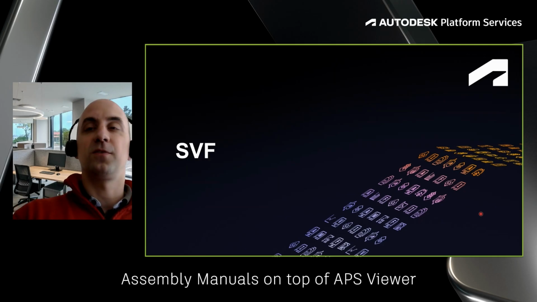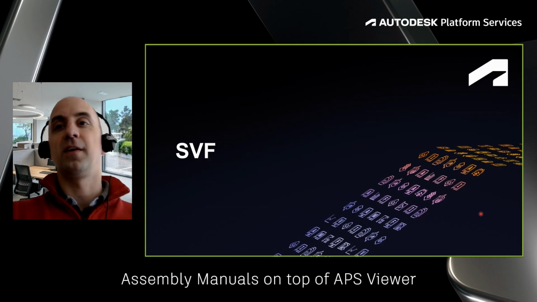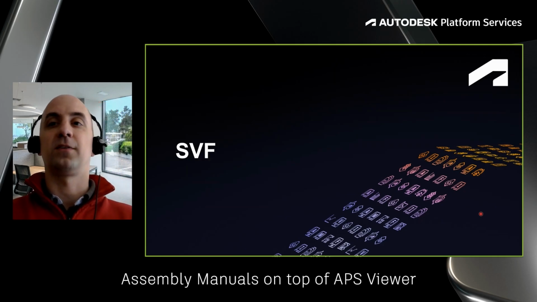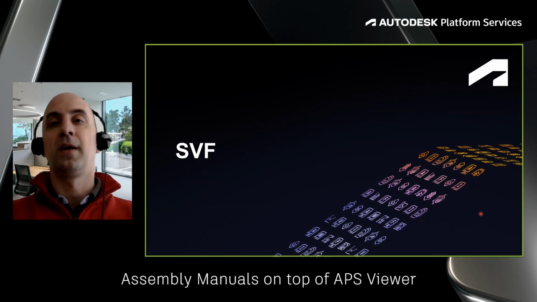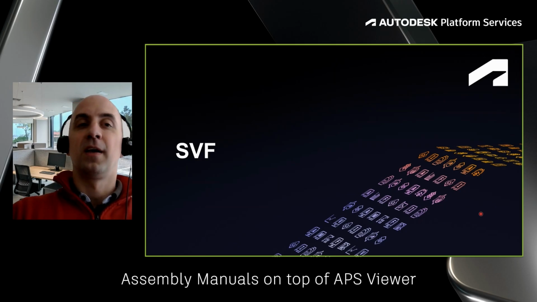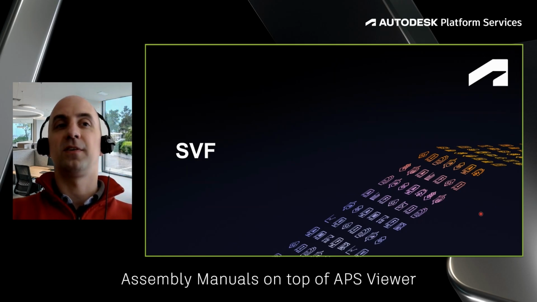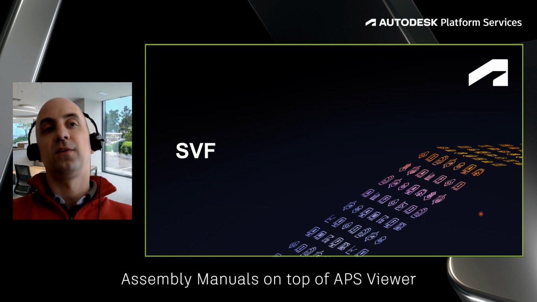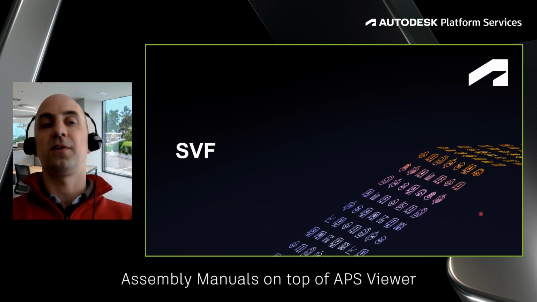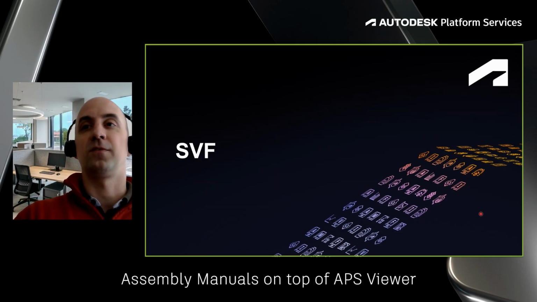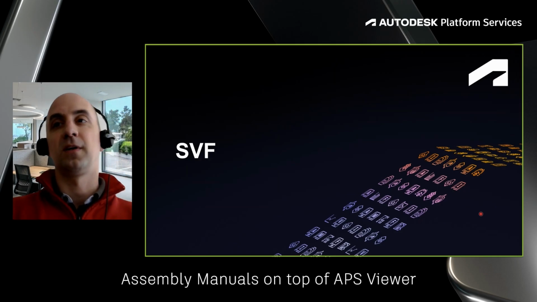So what is the SVF? The SVF is the 3D file format for the APS viewer, and it's developed by Autodesk. In this presentation, what I really mean by SVF is SVF version 1, since we have the criterion that the application must work on premise.